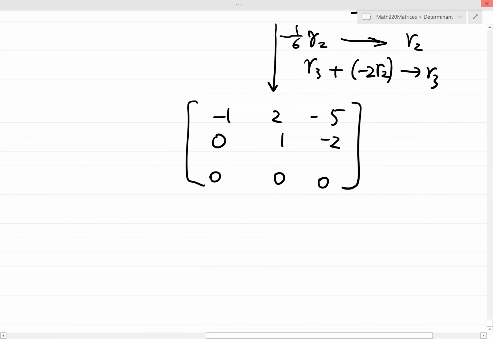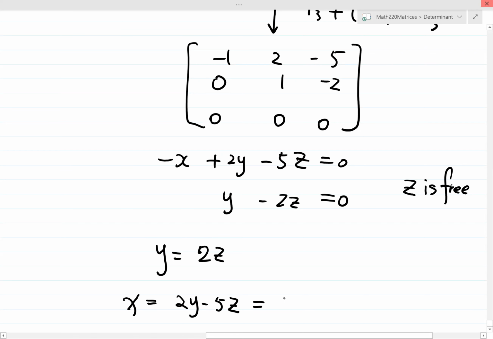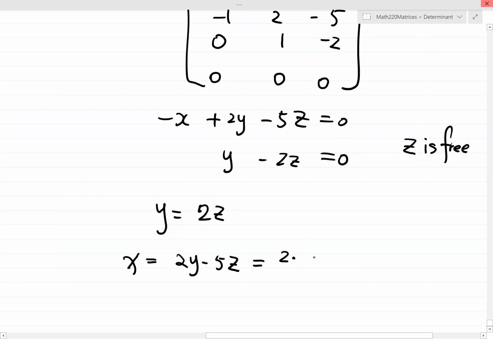So we check: the null space should satisfy negative x plus 2y minus 5z is 0, and then y minus 2z is 0. So z is a free variable. We get y is 2z, and x is 2y minus 5z, which is 2 times 2z minus 5z, so x is negative z.